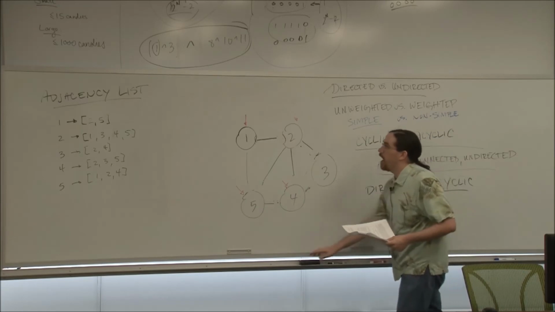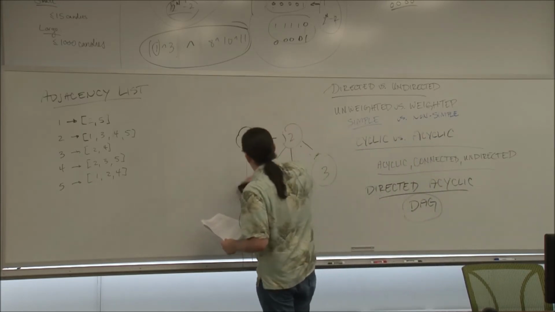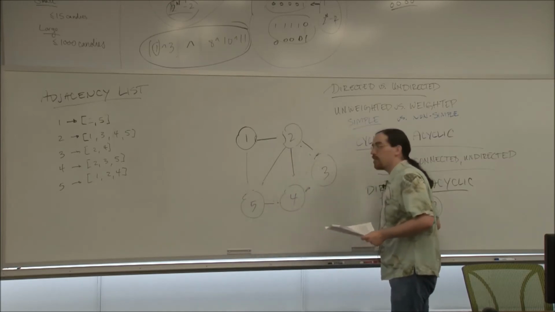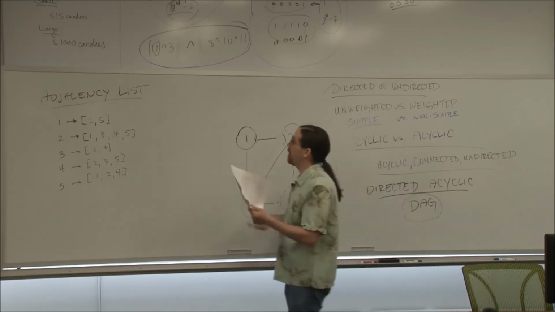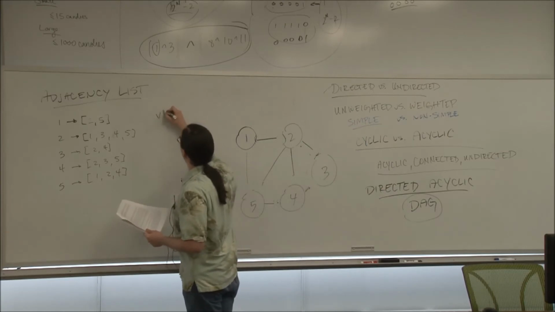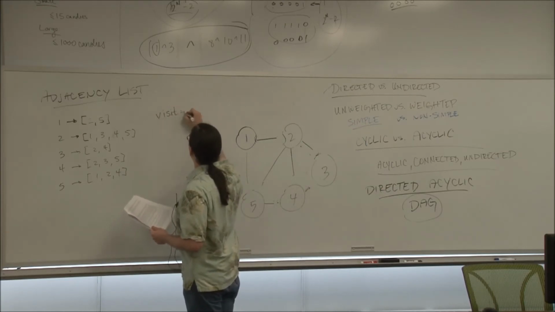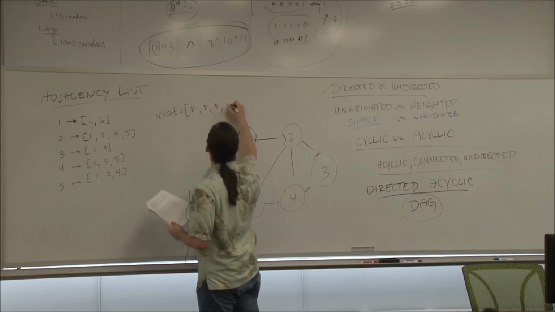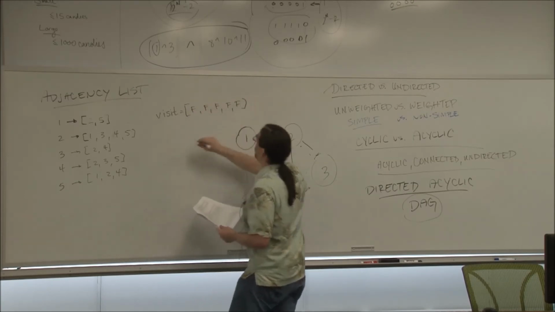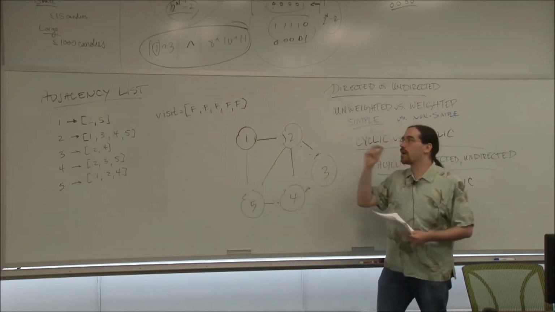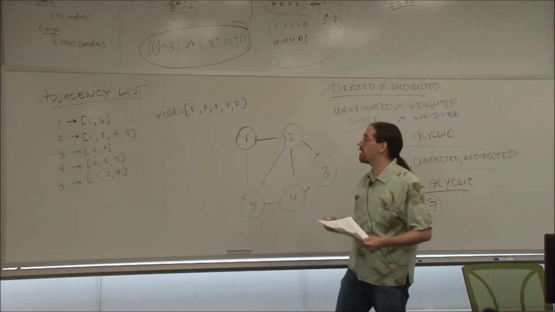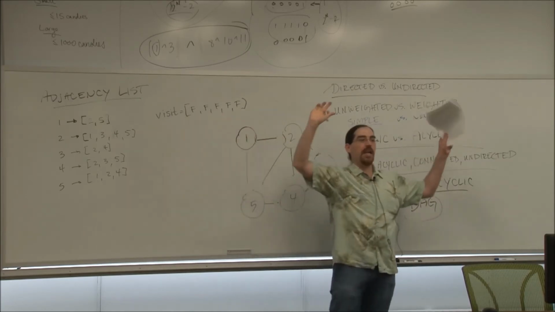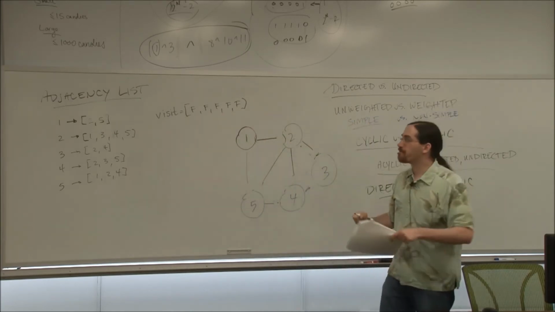All right, how are we going to do that? Well, if we want to make sure that we visited everything, and we want to make sure that we don't revisit the same thing, the obvious thing to do is to create an array of Booleans that tells us whether we've been to each node before. So we'll start it off allocated with all false elements that says, OK, we know there's 5 elements, and we haven't been to any of them yet before we start.